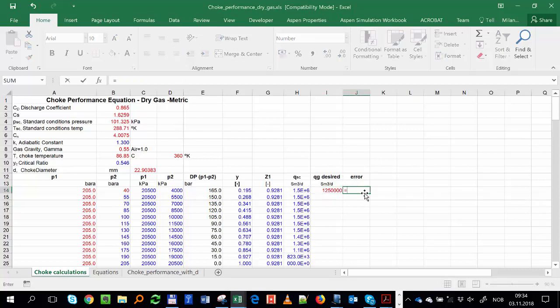And let's say that this error will be open parenthesis the number that I calculate minus the number that I desire, close parenthesis squared, divided by the number that I desire, something like that, and then I square.